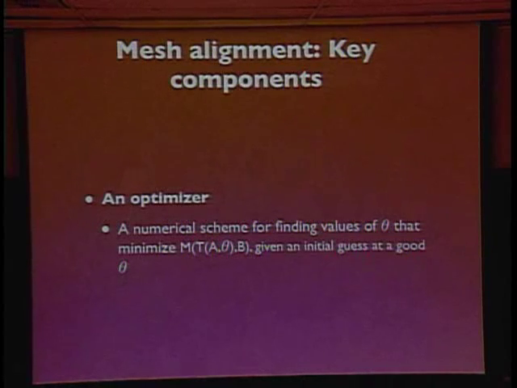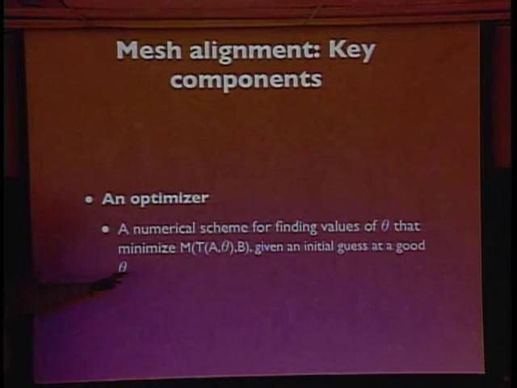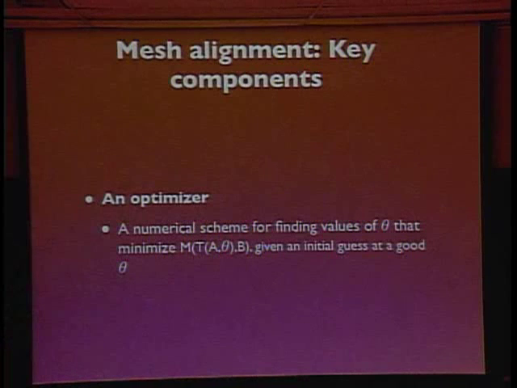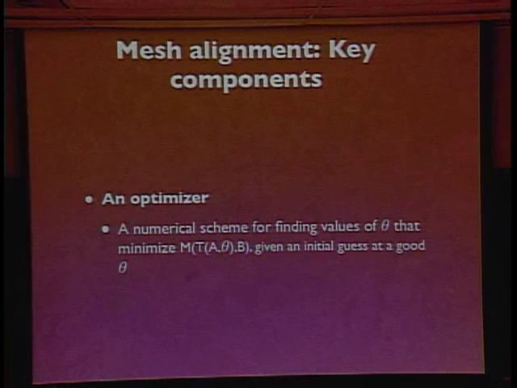So in between those scans, you had a pretty fair idea of what the rotation was between the object when you first took a scan of it and the object when you took a scan of it the second time. So you can use those as your initial guesses for what the transformation is between the first scan and the second one. But as I've said, this is not essential. You could maybe have no idea at all what the transformation is between the two.